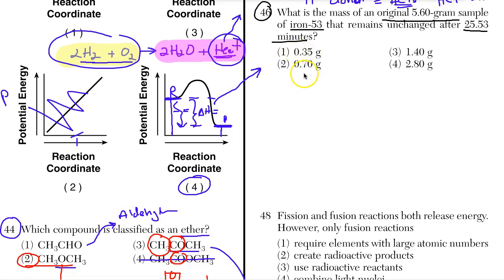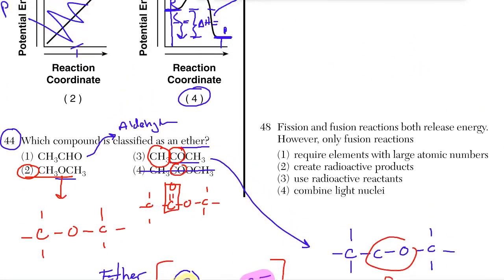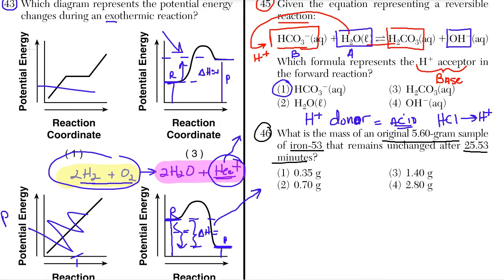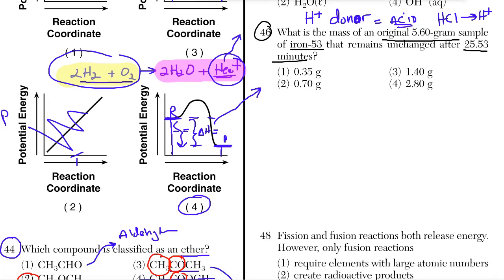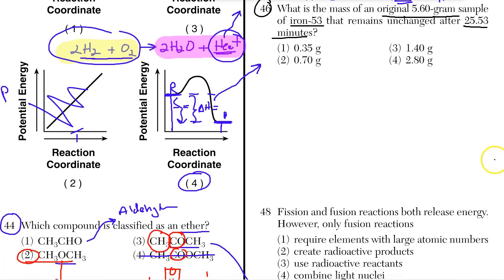We're in nuclear chemistry. Notice we just did organic chemistry in 44. We did some acid and base. Looks like we skipped redox in this part, but now we're hitting nuclear chemistry. Nuclear chemistry kind of hits at the end of each of these segments, 1 through 30 and then 31 through 50. So this is a half-life question.